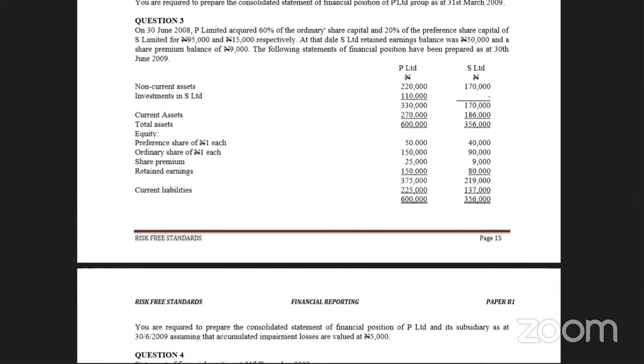On that date, S Limited's retained earnings balance was 50,000 naira and a share premium balance of 9,000. The following statement of financial position has been prepared as at 30th June 2009. All figures are assumed to be correct. You are required to prepare the consolidated statement of financial position of P Limited and its subsidiary as at 30 June 2009, assuming that the accumulated impairment losses are valued at 5,000 naira.